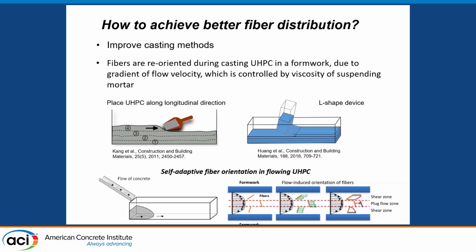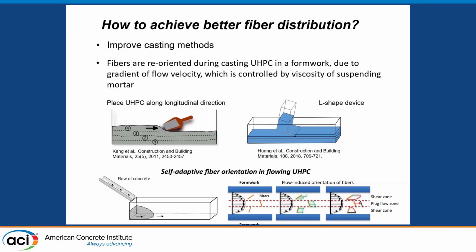So you have a chute and let the UHPC flow from one side to the other. What happens there is that during the flow, the fibers will be oriented in the shear zone. There will be two kinds of zone in a flow profile.